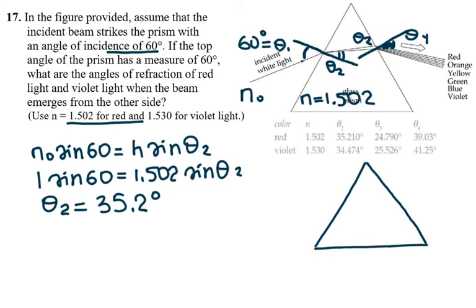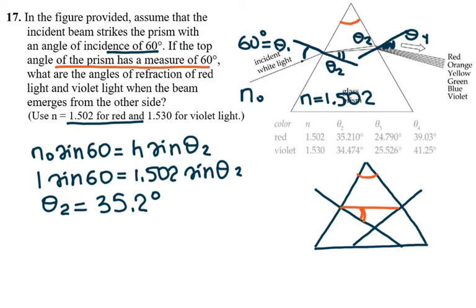And then let's look in this triangle. So if I have this one perpendicular and that one perpendicular, and I have a ray that is coming, I don't know, I'm just going to do it like this. So if this one is 35.2 degrees, and they say that the angle of the prism has a measure of 60 degrees, so that is also 60 degrees.